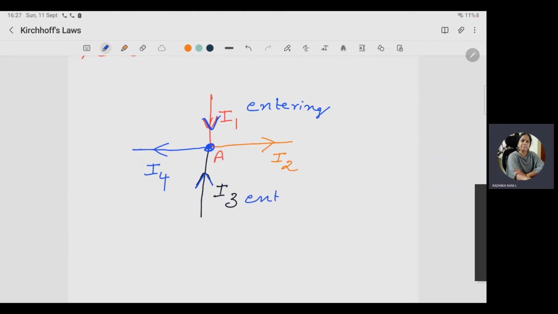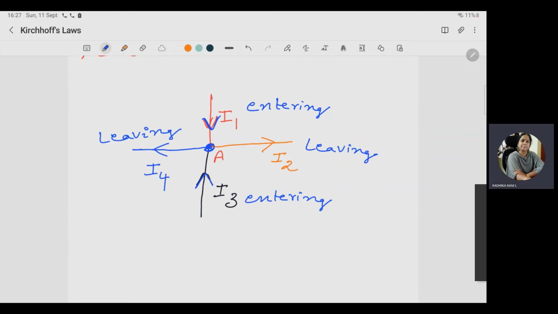I2 is going away from A, so this is a leaving current, and I4 is also a leaving current. So out of 4 currents, 2 are entering and 2 are leaving.